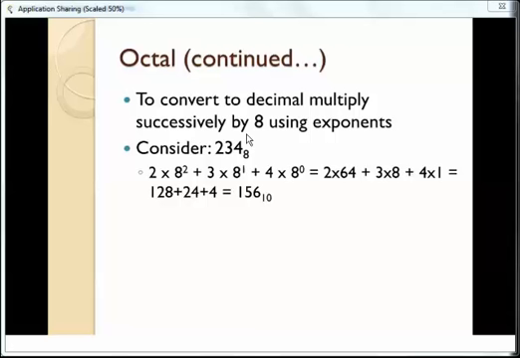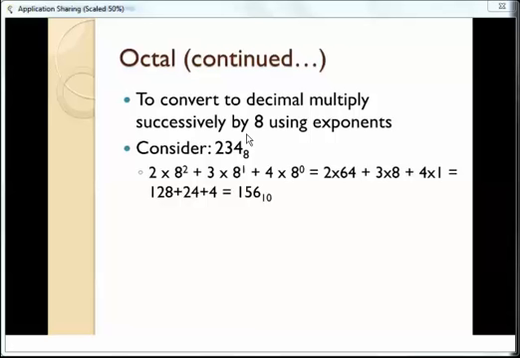We would have the first digit 2, and it would multiply times 8 to some power, and the power in this case is going to be 2, because we have the number 2 in the third position, which would have the exponent always 1 less than the position.